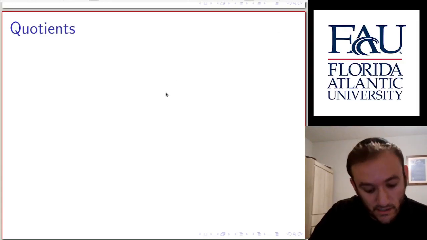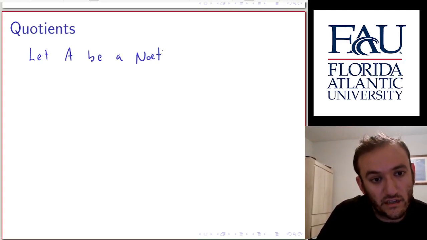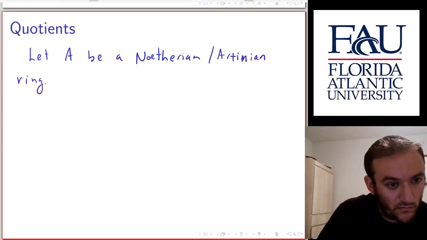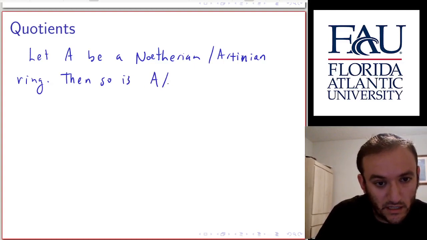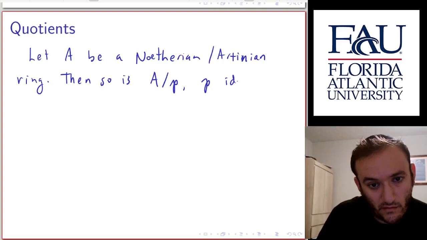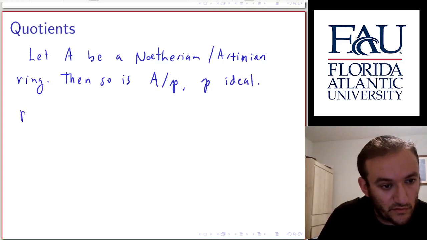In terms of quotients, let A be a Noetherian or Artinian ring, then so is A mod P for P an ideal. This isn't hard to prove.